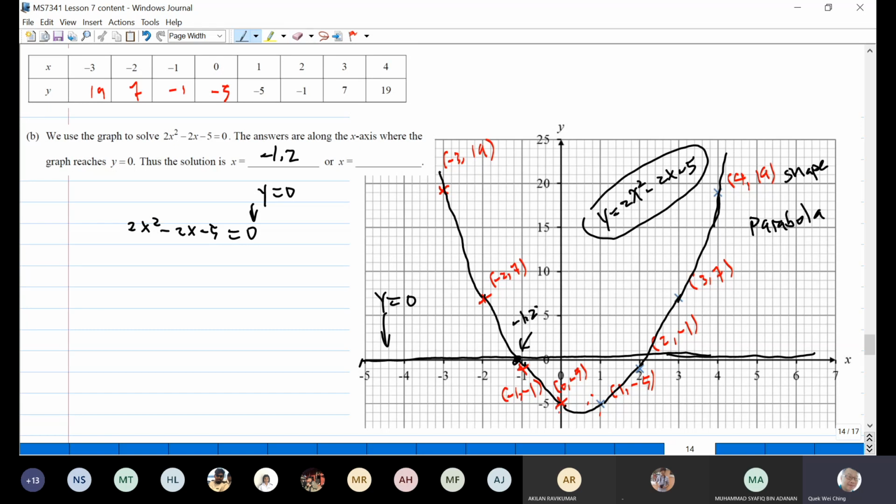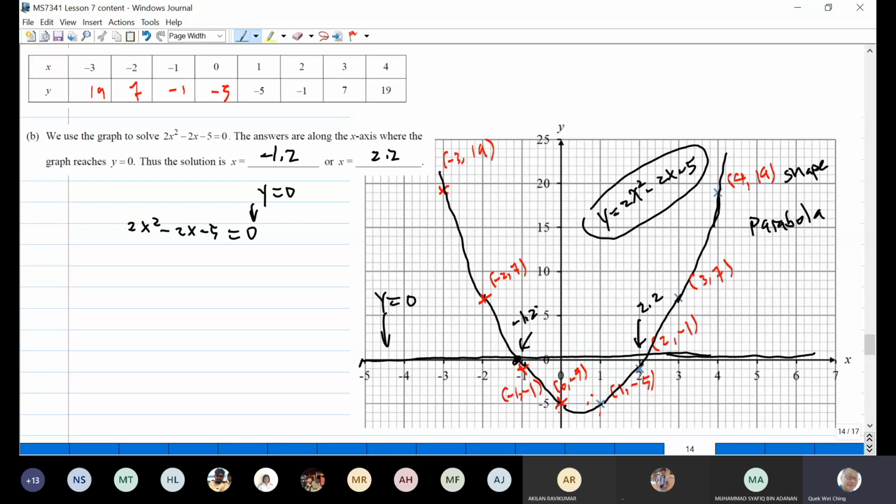The other one is somewhere around 2.1 or 2.2, after 2, so about 2.2. So we can check if the graph is accurate enough. From the graph, you can see this. So you must draw the graph as accurately as possible.